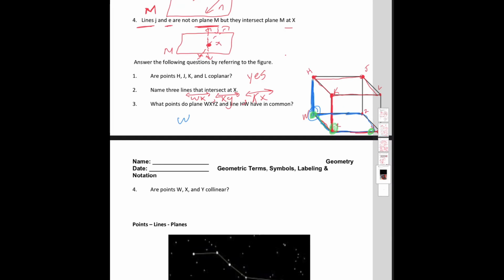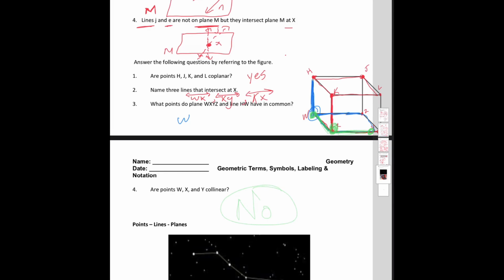So are these collinear, meaning do they lie in the same line? That would not be the same line. A line is straight. This is not the same line. So there's 2 lines here, or actually they're not lines, they're line segments, but they're definitely not collinear because they're not on the same one. So the answer would be no, they are not collinear. So that's what we have for that.